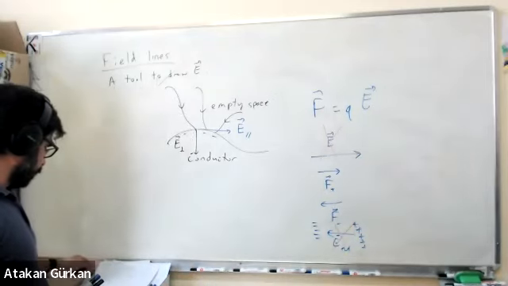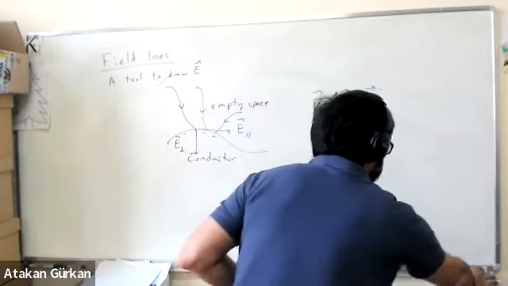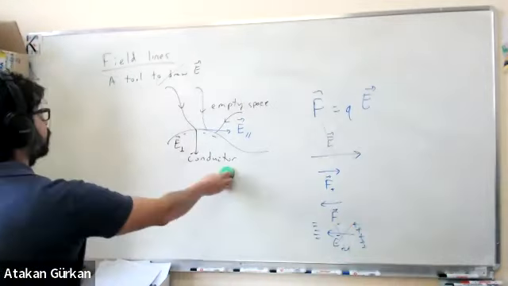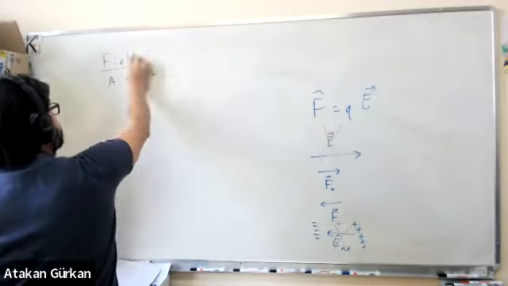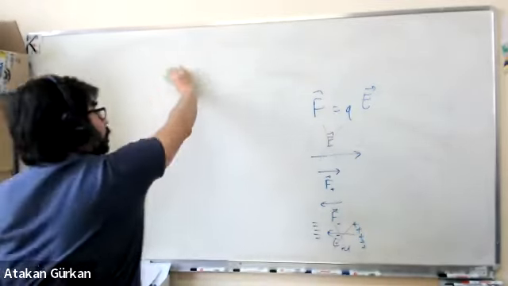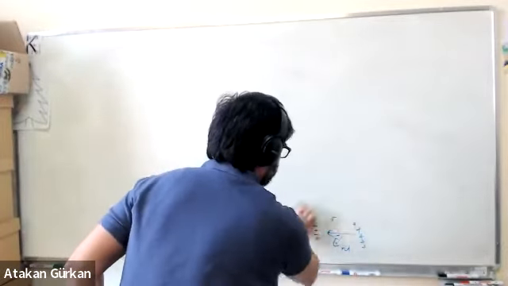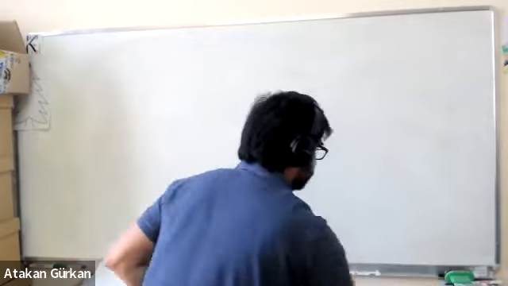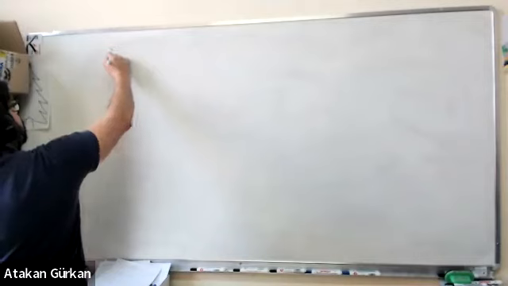Okay, now the last thing I want to do in this first session is to look at the motion of charges in an electric field. This is something quite straightforward, but because we now have motion and mechanics, things like that, you can actually come up with some quite complicated problems.